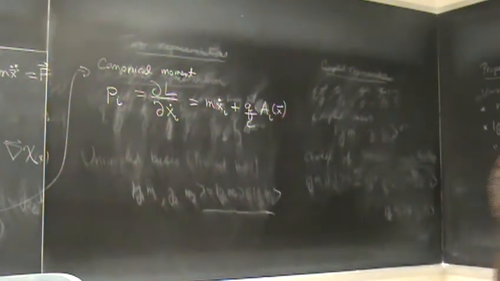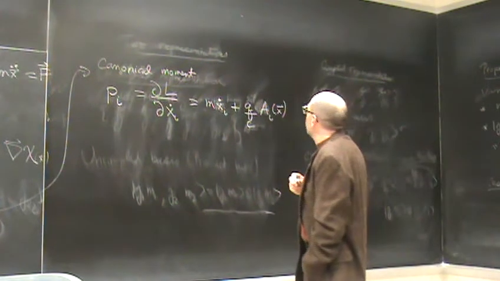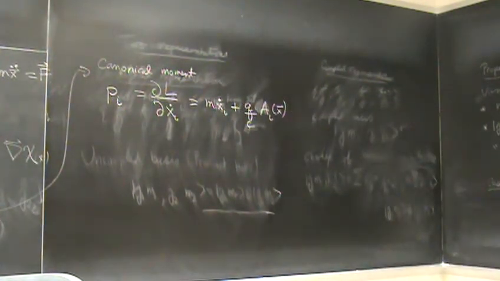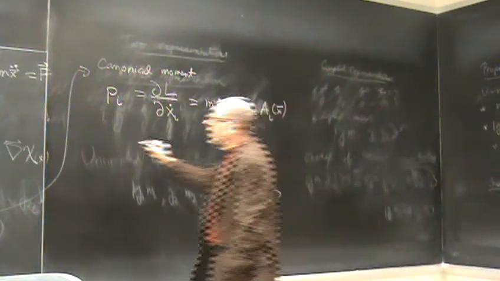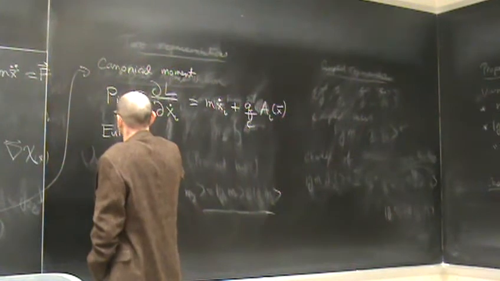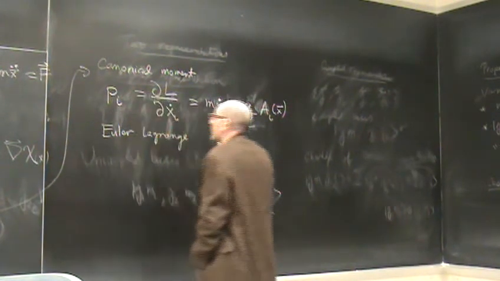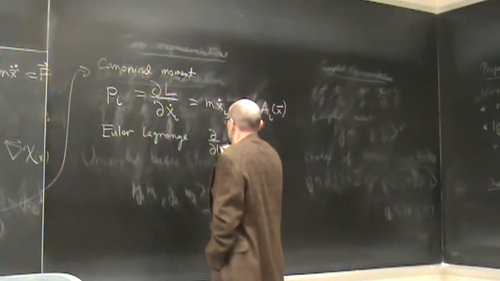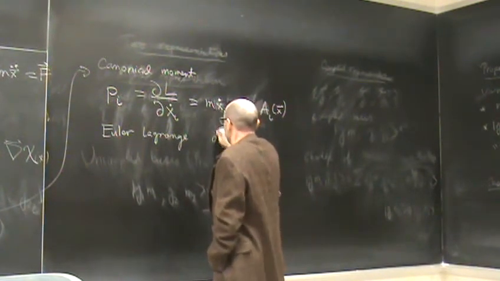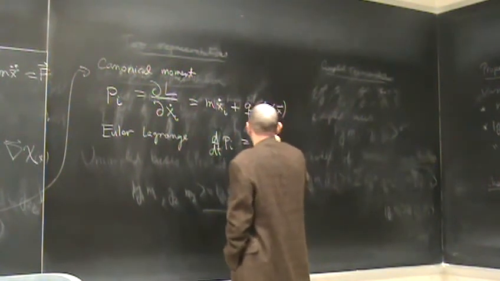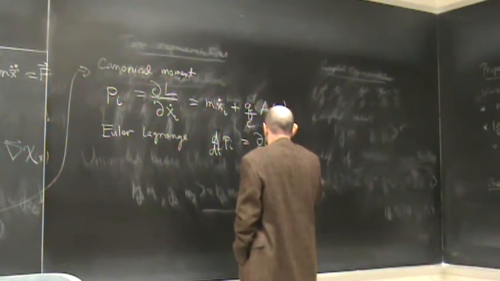All right? So, does this give the correct Lorentz force law? Well, according to the Euler-Lagrange equation, the time derivative of the canonical momentum is equal to the partial derivative of the Lagrangian with respect to x sub i.